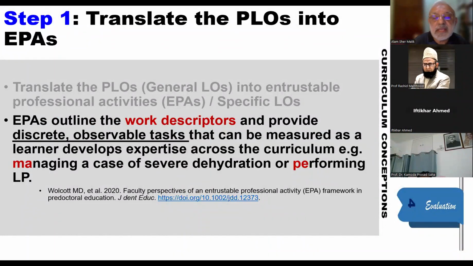And EPAs, as we have already discussed, are work descriptors and provide discrete and observable tasks that can be measured as a learner develops expertise across the curriculum. As we mentioned earlier, they are core activities which students should be able to do.